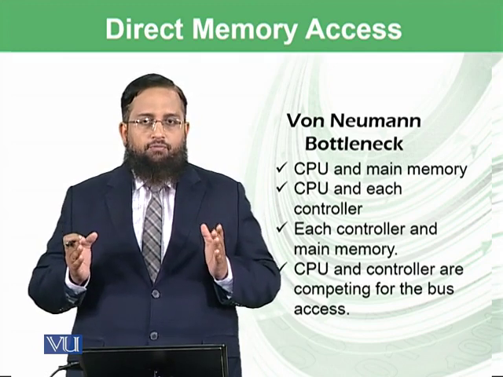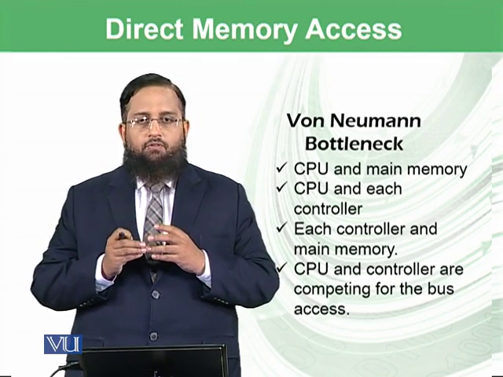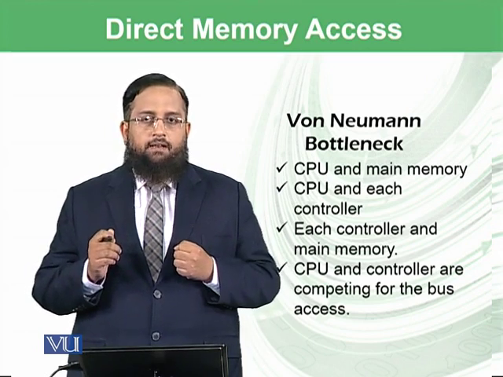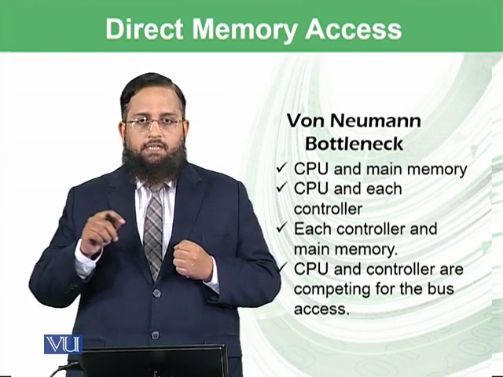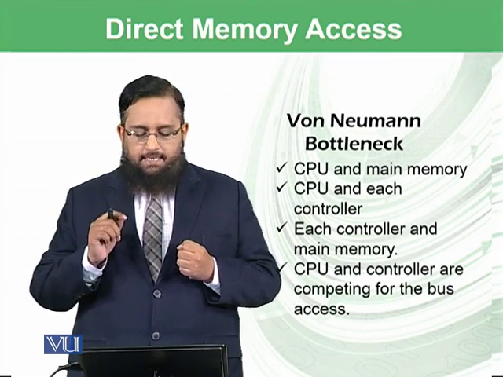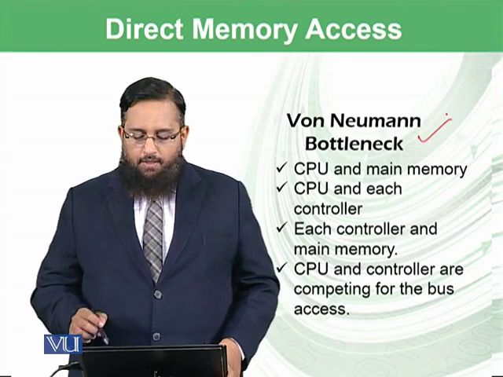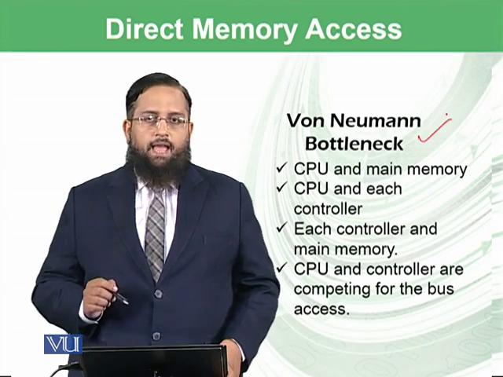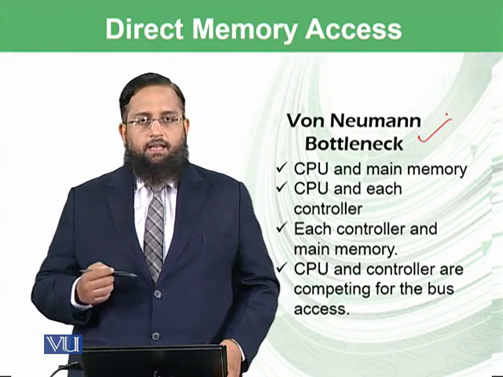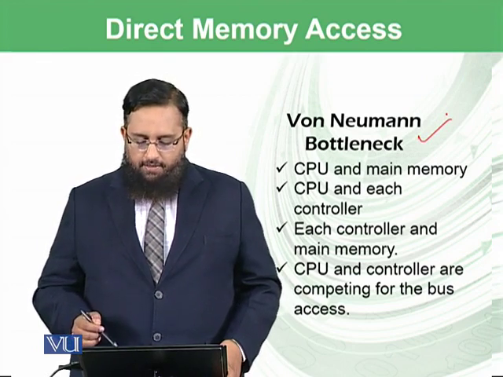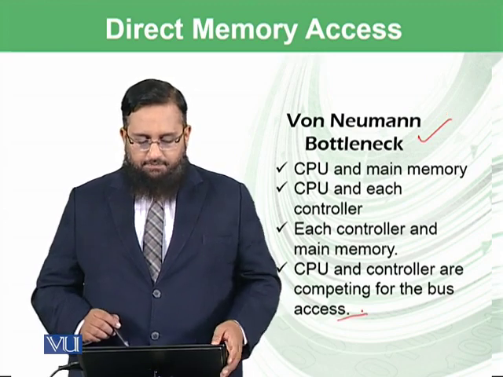So if the CPU and controller are competing to get access to this bus, such a problem is known as a bottleneck, because someone has to wait until the other completes their work. So the controllers, main memory and CPU are competing for bus access.